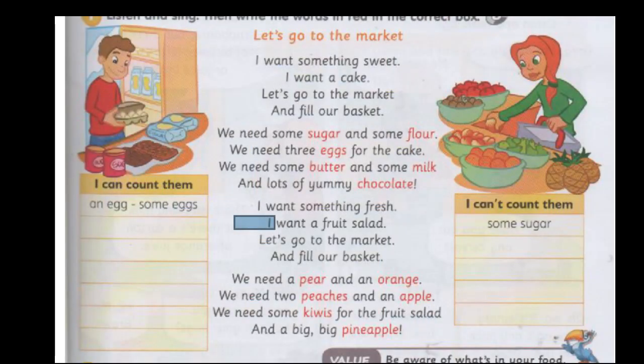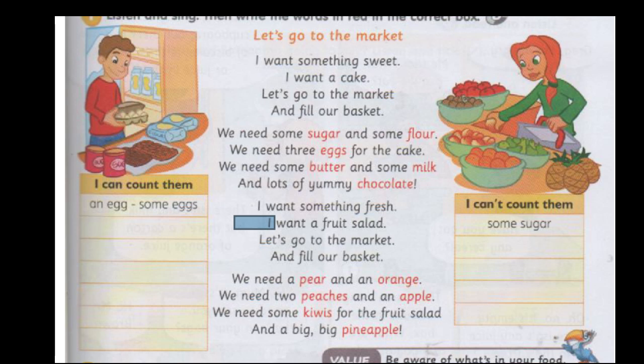1. Listen and sing. Then write the words in red in the correct box. Let's go to the market. I want something sweet. I want a cake. Let's go to the market and fill our basket. We need some sugar and some flour. We need 3 eggs for the cake.